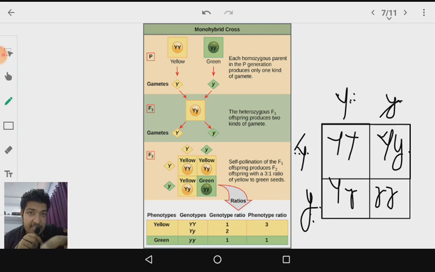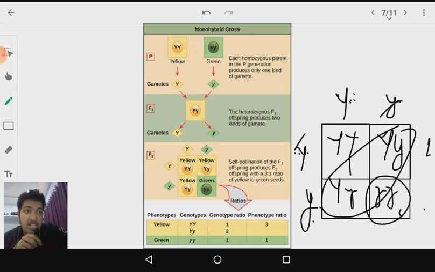So here you can see that 1 is going to show capital Y, capital Y, 2 are going to show capital Y, small y, and 1 is going to show small y, small y. So what is the genotypic ratio? Genotypic ratio is coming out to be 1 is to 2 is to 1.